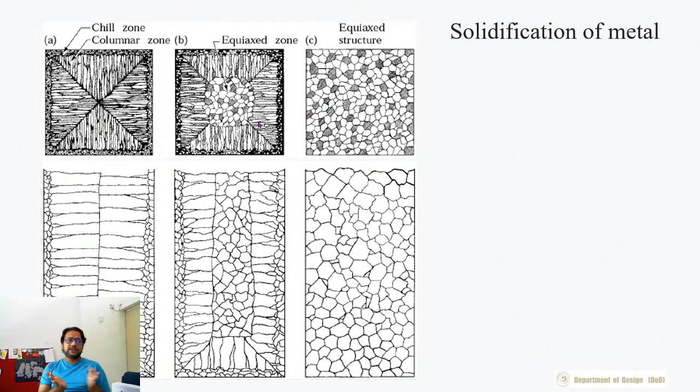Okay, so what we say is the temperature gradation becomes quite less, and because of which fairly large and homogeneous grain structures are formed.